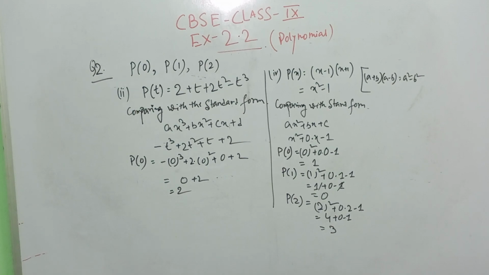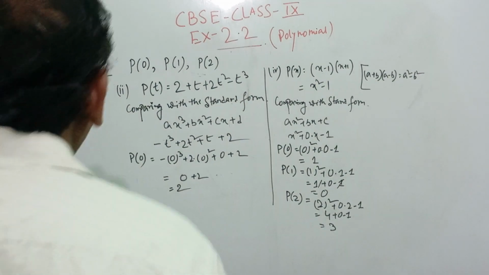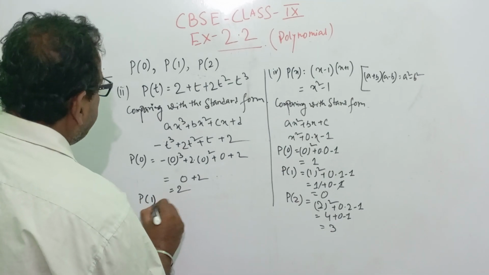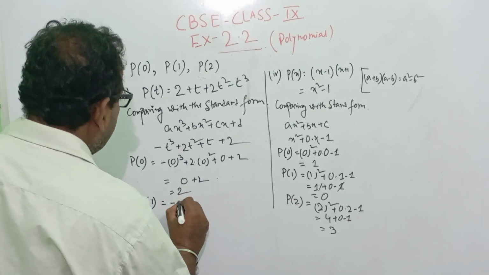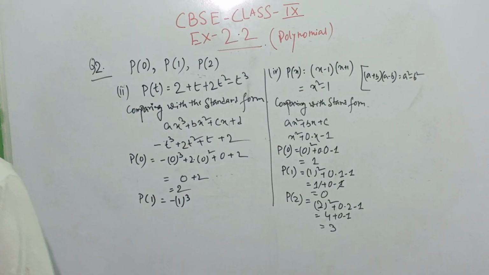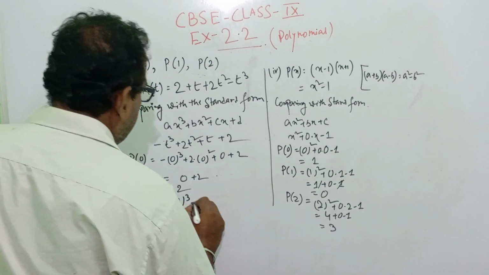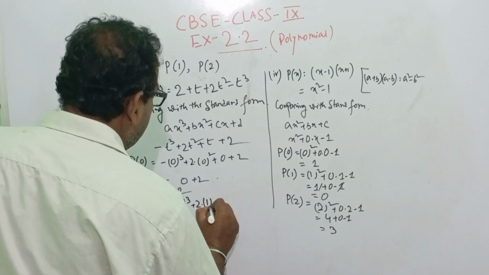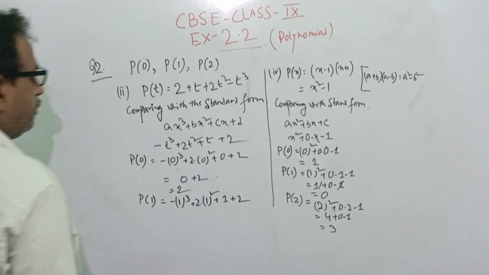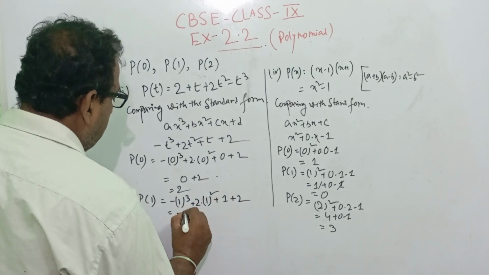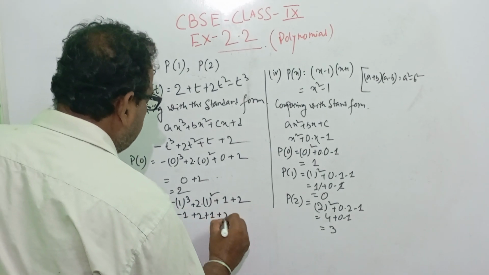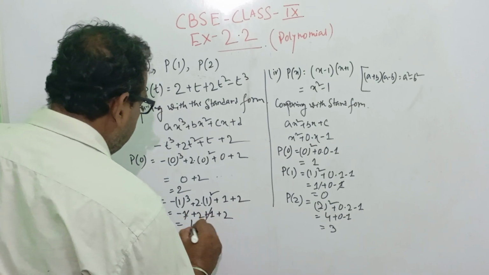Now same thing, if we do that for question number 2, p1, that is minus 1 plus 2 into 1 square plus 1 plus 2, that is minus 1 plus 2 plus 1 plus 2, that is 4.